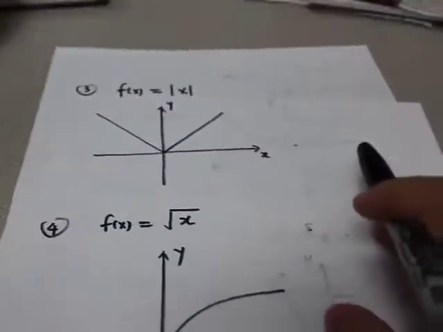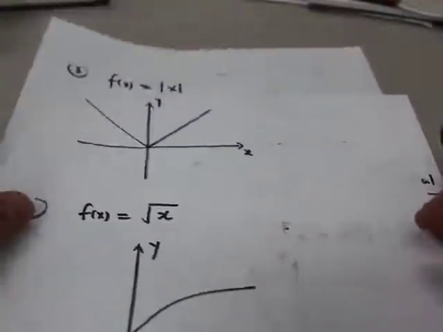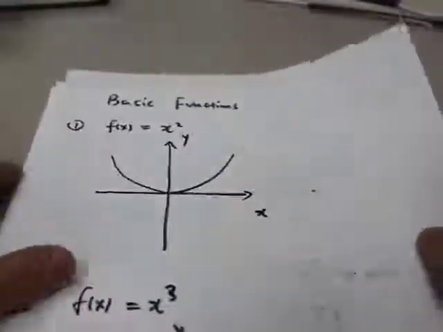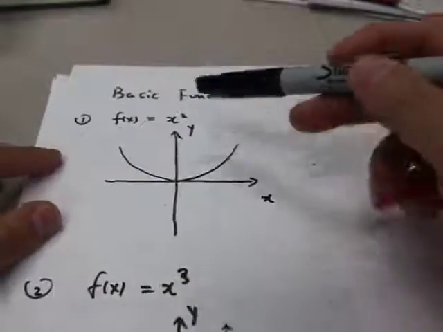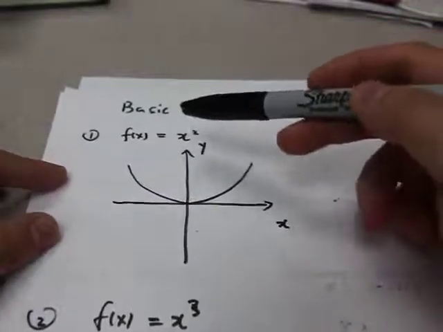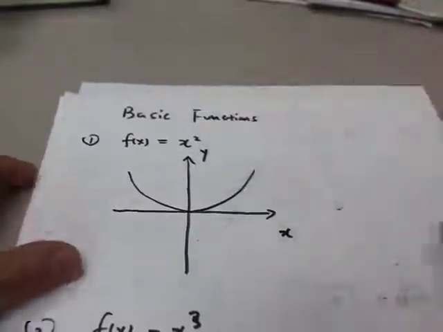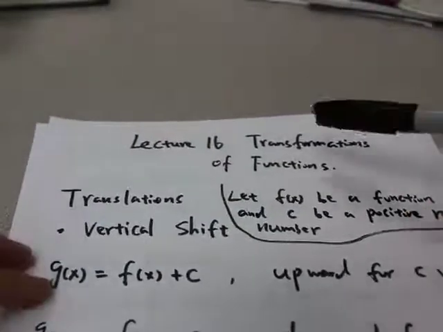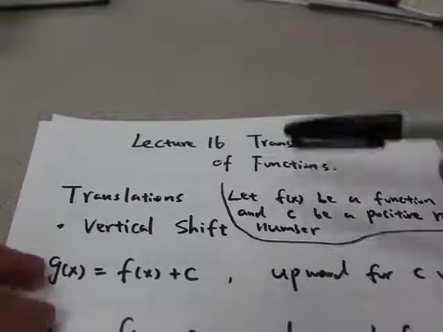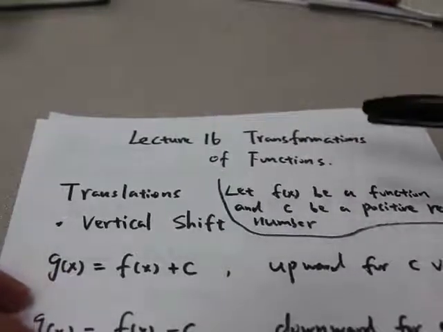So in this video and the next videos, I will show you if we make some changes to these functions, how their graphs change. We are going to study three transformations.